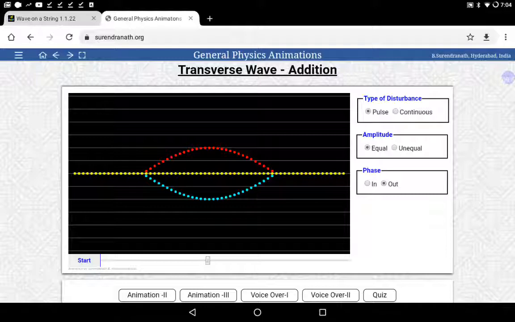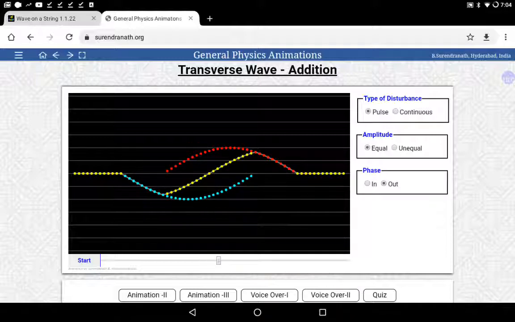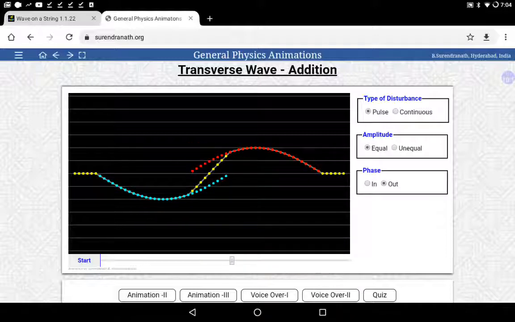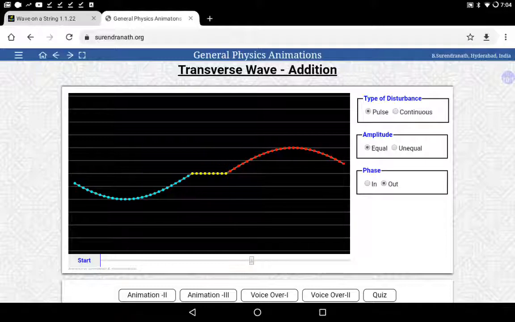It's still moving along that medium. The red energy is moving to the right, the blue's energy is moving to the left. But at that moment in time, they're kind of fighting each other and resulting in zero displacement in that medium. And then you continue on, and you can see that those pulses pass through each other.